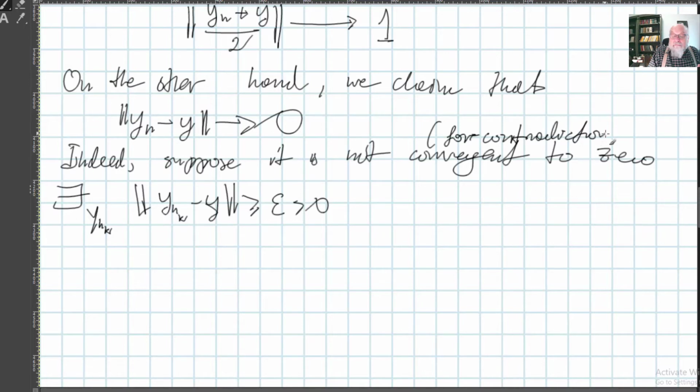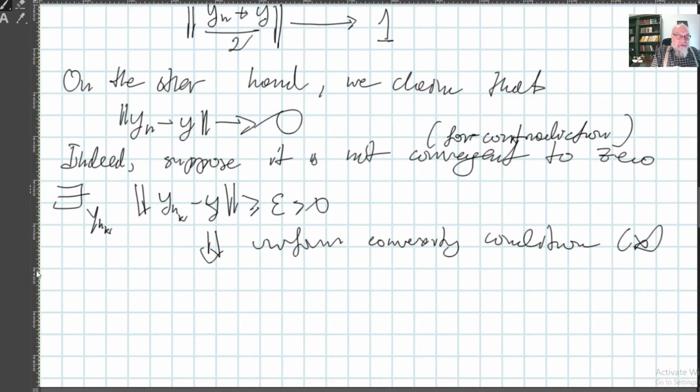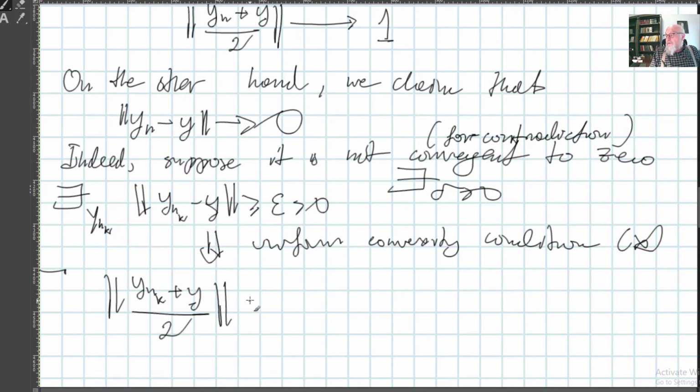Very good, but again, then by the uniform convexity condition, what would I get? There exists a delta larger than 0 such that the norm of ynk plus y divided by 2 is smaller than 1 minus delta. But look, that's not possible.